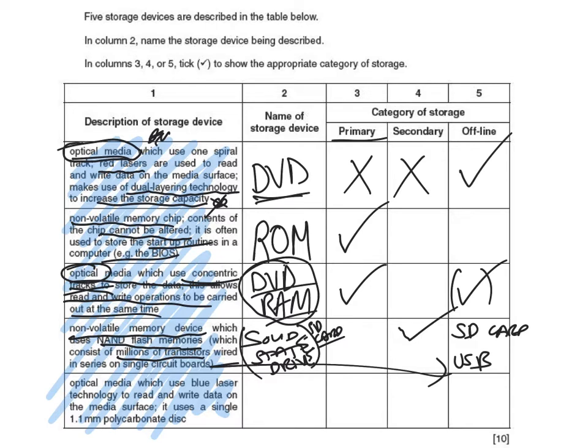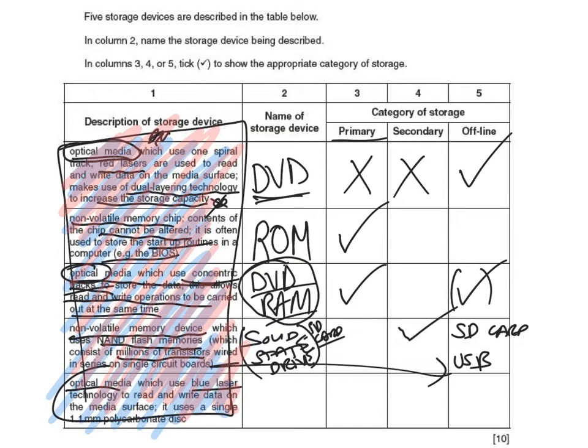And then we've got the last one, optical media, blue laser. Reading the rest of it, these are the things that you want to get into your notes. You need to be able to quote all of the stuff that's highlighted, which I'm doing again just to make the stuff you need to know more obvious, though it makes it ridiculously hard to read.